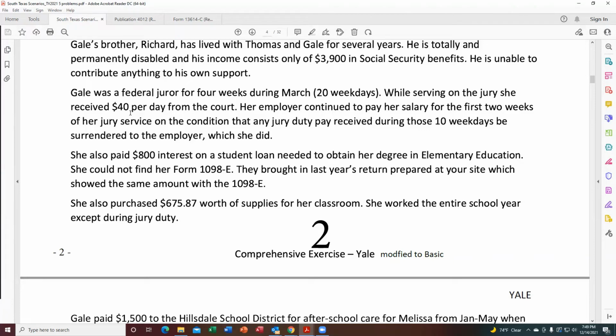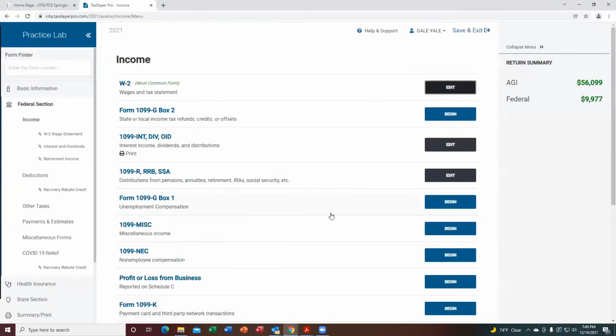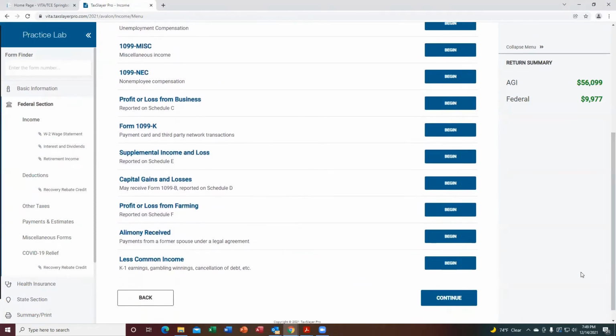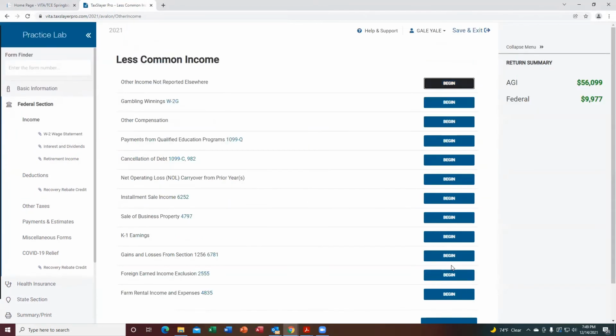So what is going to be the total income for jury duty? 800. 800. I'm gonna go back in here. And so we're still in the area of income. And it's at the very bottom, less common income, and other income not reported elsewhere.